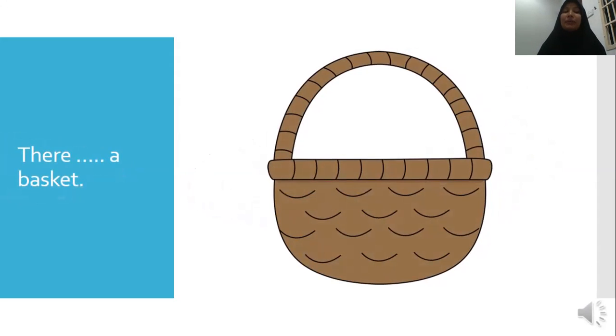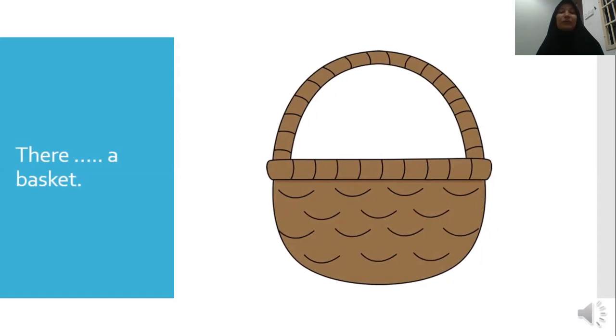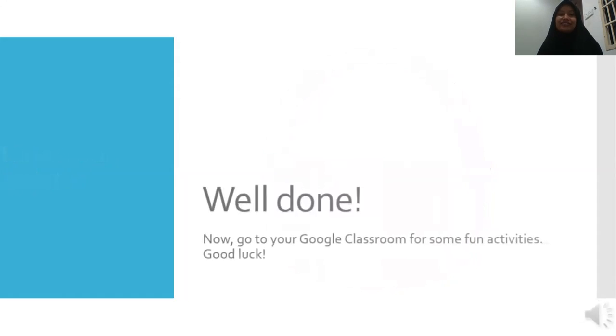There, a basket. I know some of you might think that all these questions are really easy, right? Don't worry, fret not. I've prepared more questions for you to practice because practice makes perfect. So, let's guess whether there, a basket, you have to use there's or there are. I won't tell you the answer, you have to figure it out.